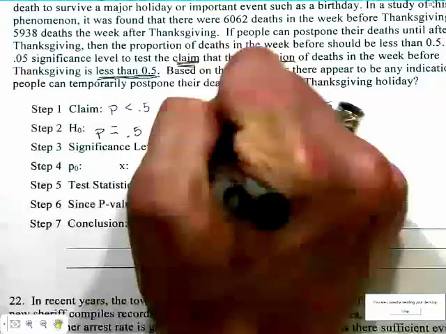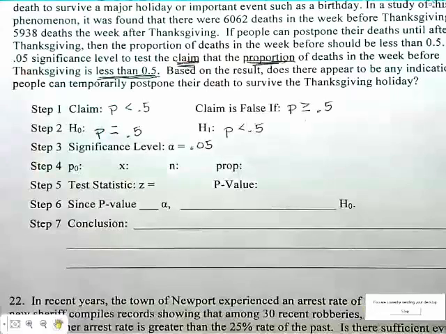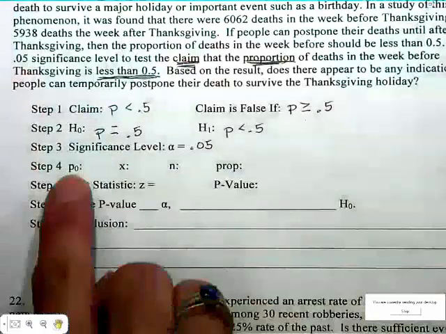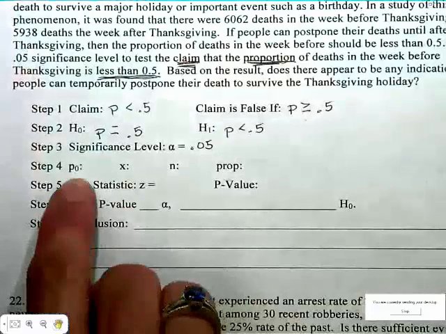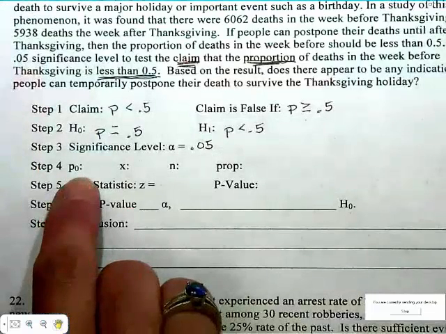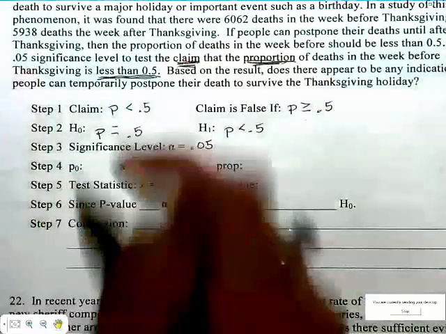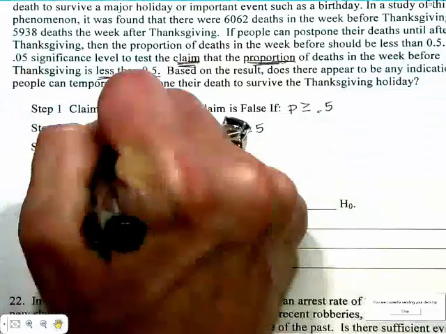And now I'm ready for the calculator. What am I going to put in for P sub 0 on the calculator? The proportion that's in the null hypothesis, 0.5. What will I put for X?